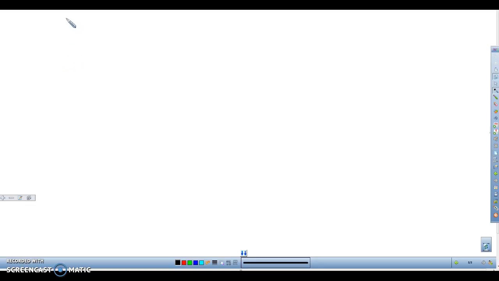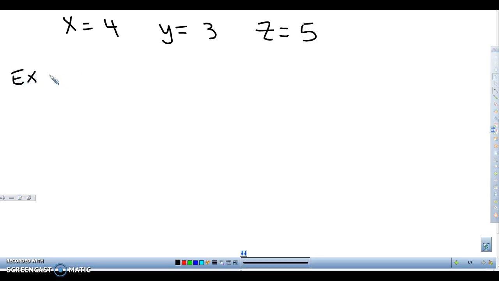So usually if we're evaluating, they will give us what the variables are equal to. So let's say x is equal to 4, y is equal to 3, and z is equal to 5. So if I'm solving the example, x plus 4, in parentheses, times y minus 1, I'm going to go ahead and first plug in.